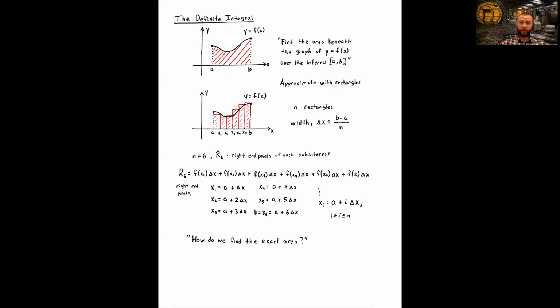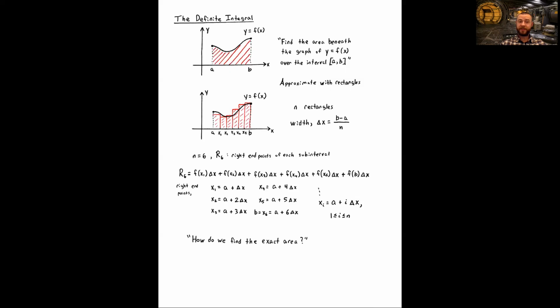Now, for this example, we chose to do it using a right endpoint approximation. If you take a look at your interval, a to b, the very first subinterval is that interval from a to x1. That first right endpoint that we choose, what we're labeling as x sub 1, we get by adding to our left endpoint value a the width of that subinterval, delta x.